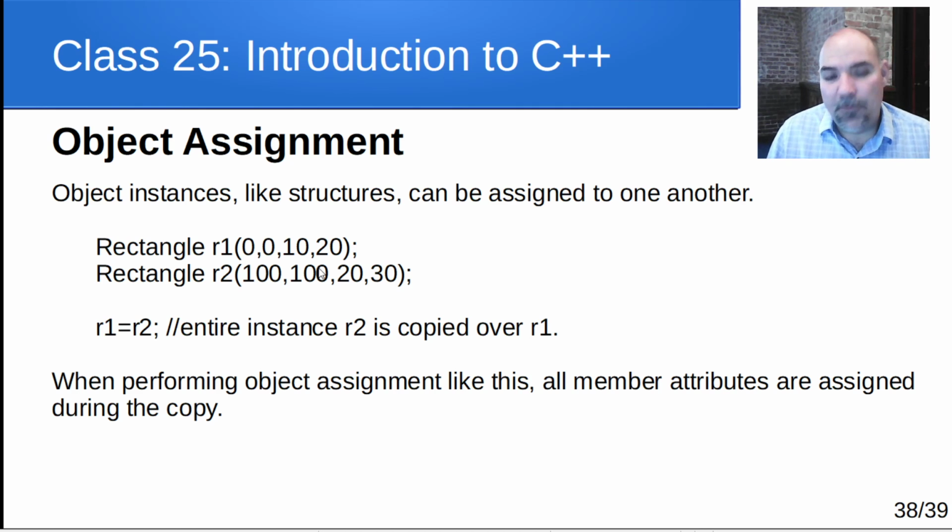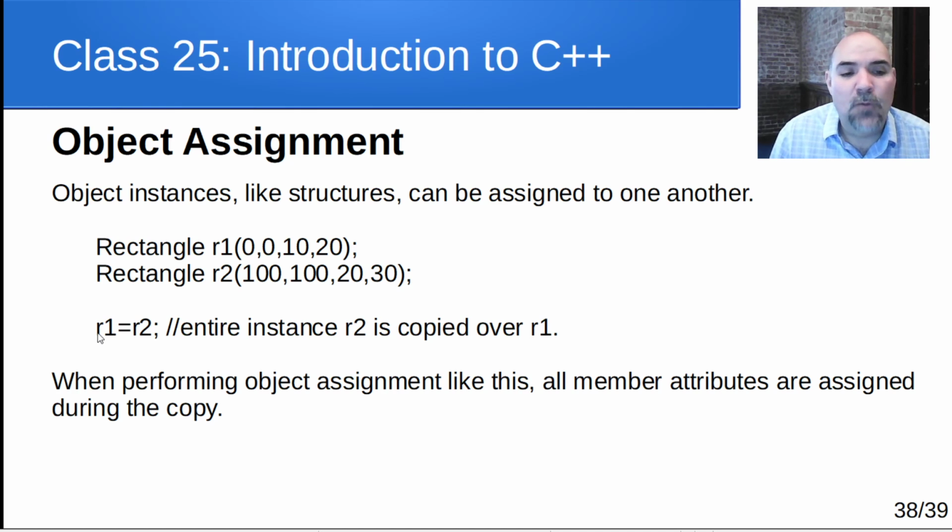All right, the final thing today that we're going to talk about is object assignment. Object instances, just like structures, can be assigned to one another. Here I've created two rectangles, R1 and R2. I can perform, say, R1 equal R2, and that's going to copy the entire instance, including all the attribute values, from R2 over the top of R1.